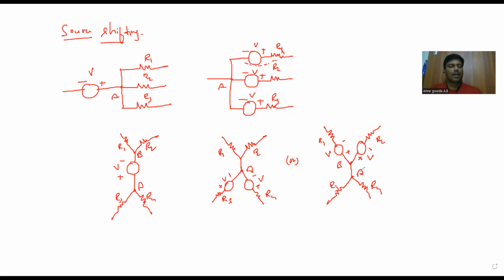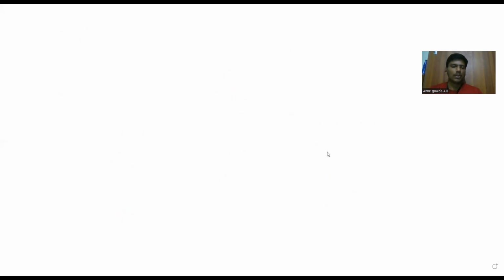Now let's see how to apply current source shifting. In current source shifting, let's take a scenario where there is no resistance directly in parallel with the current source. So I'll take this scenario: R1, R2, R3.